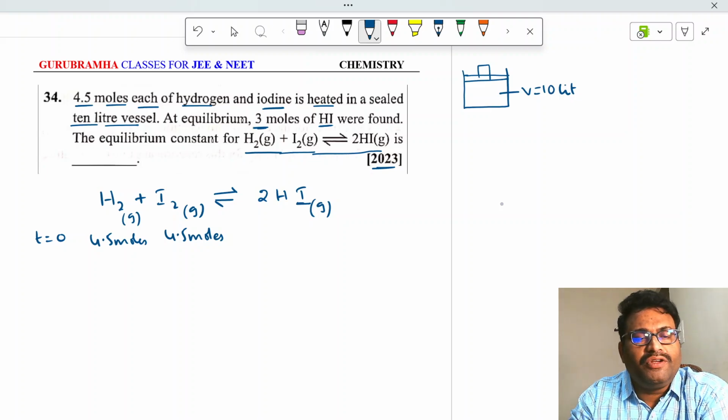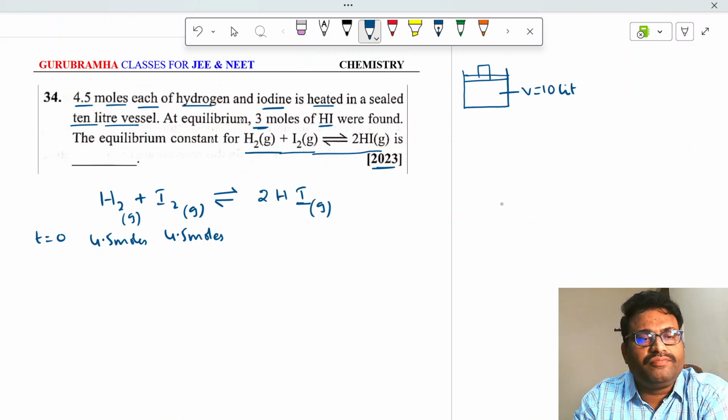So initially, there are only hydrogen and iodine, each 4.5 moles in this 10-liter vessel. So this has reacted and the product is formed. And after the formation of product, again reactants are formed.